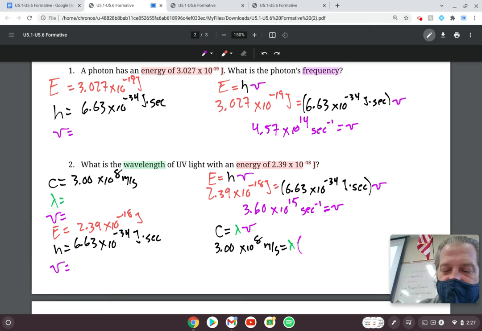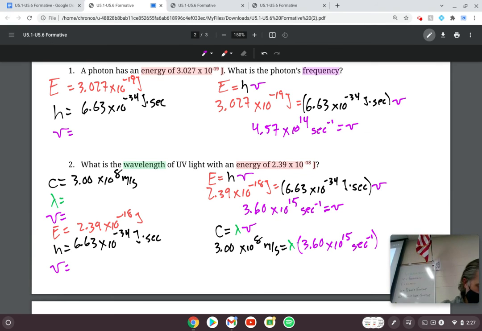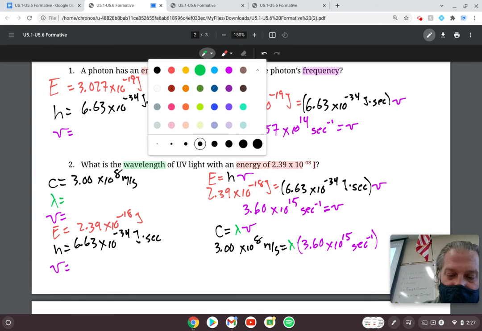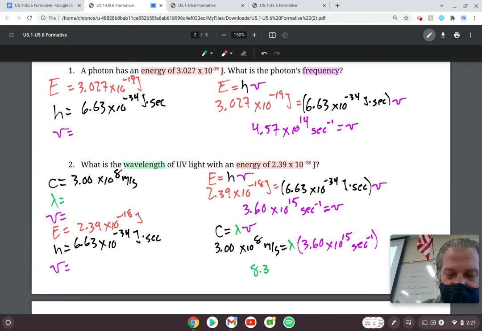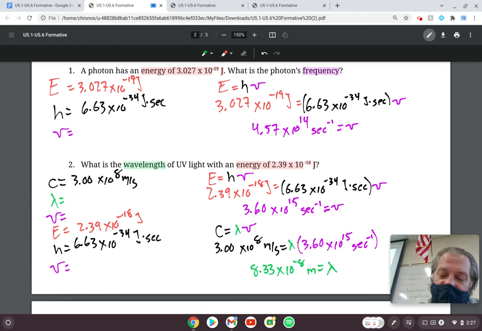And the frequency is the number from above, 3.60 times 10 to the 15th per second. So 3 times 10 to the 8 divided by 3.60 times 10 to the 15th gives me a wavelength of 8.33 times 10 to the negative 8 meters. It doesn't ask me to change it to nanometers, so you're good there.